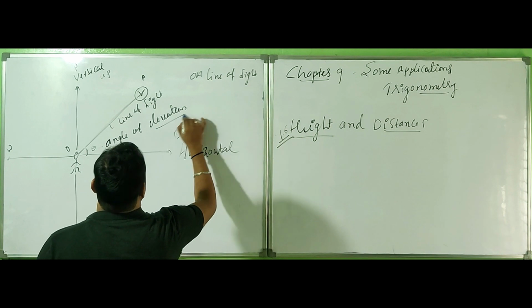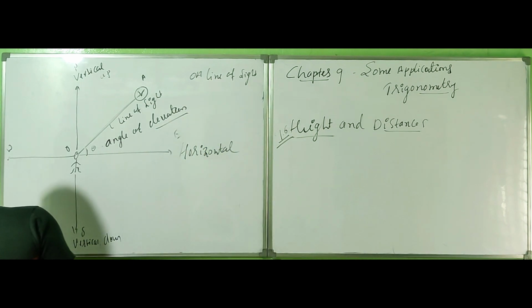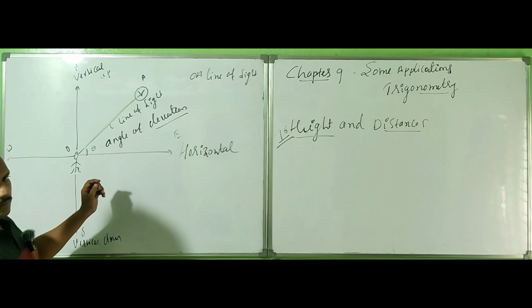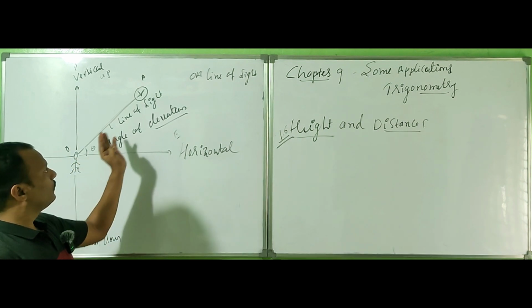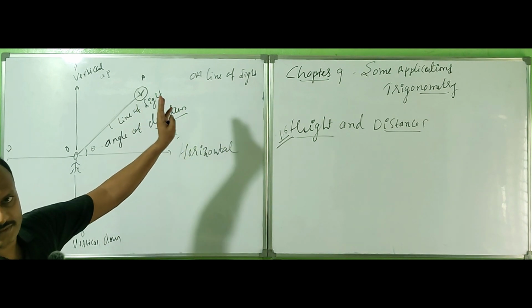Very important: the angle made by the line of sight with the horizontal line is called the angle of elevation.